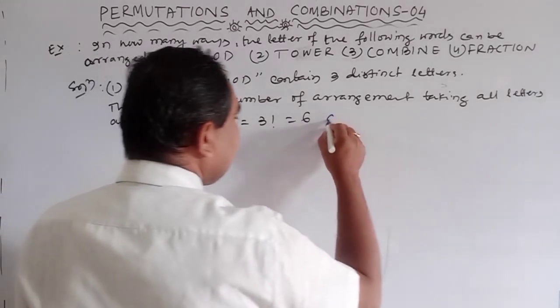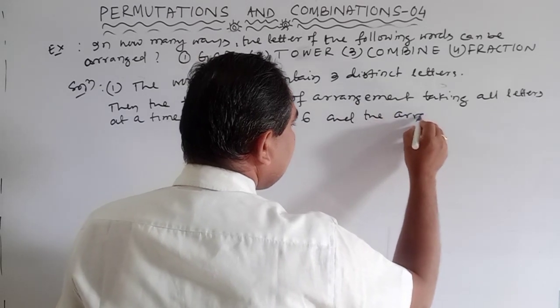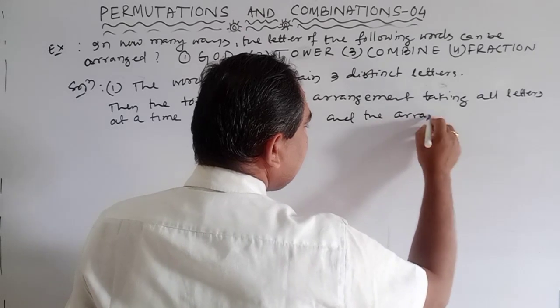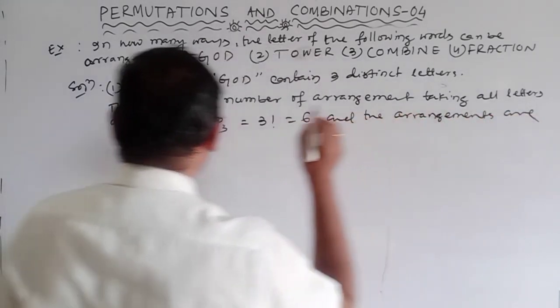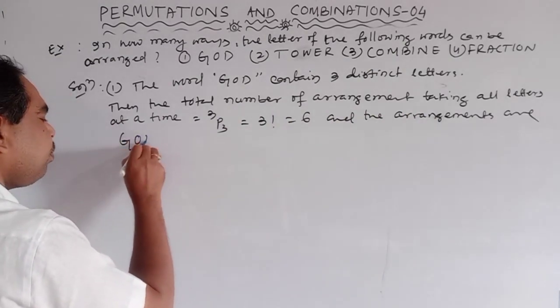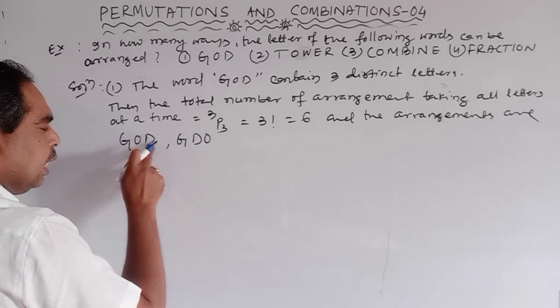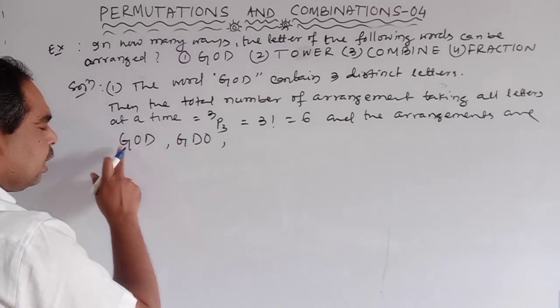Okay, and the arrangements are: GOD, GDO, OD interchange. So first letter is G in the first and second case.